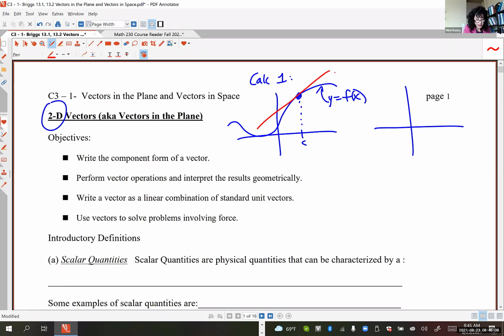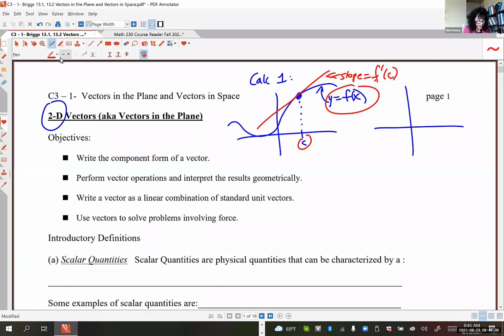And what was the slope of this tangent line? Does anybody remember how to get a slope of a tangent line to the graph of y equals f of x? If you don't, that's okay, but Derivative? Yes, thank you. Yeah, the derivative. So the slope would be f prime of x, or in this case, f prime of c, because we want it right there when x is equal to c.